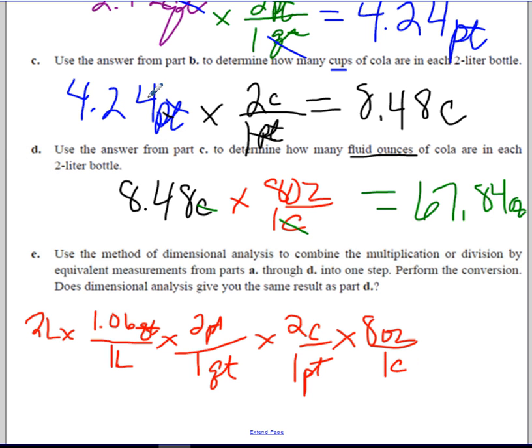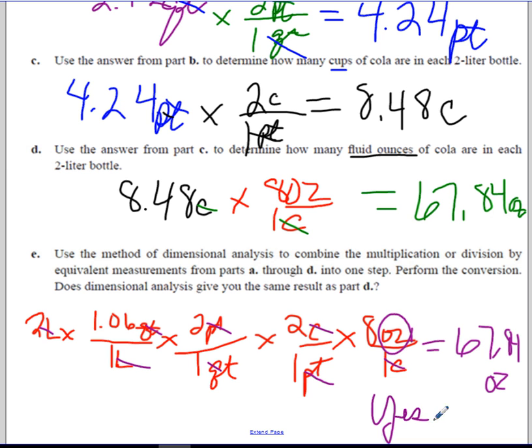So again, we have our units canceling. Liters cancels liters, quarts cancels quarts, pints to pints, cups to cups. We're left with ounces. And 2 times 1.06 times 2 times 2 times 8 does give us our 67.84 ounces. So yes, it doesn't matter if we do them all together or one step at a time, we get the same answer.